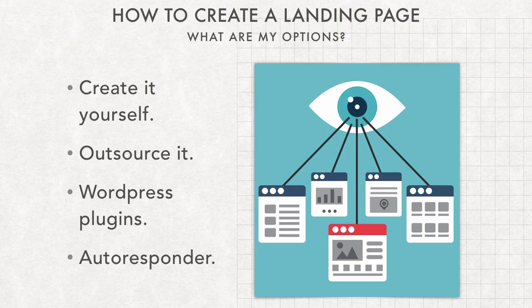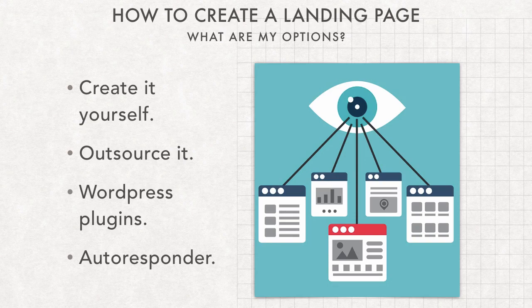Okay, the next option is WordPress plugins. These are plugins that you can buy, install onto your WordPress blog and create individual standalone landing pages. There are many out there, such as Thrive Landing Pages, which work in a very similar way to the web services options. We've used Thrive, and it's not as slick as ClickFunnels, but what it does, it does very well, and the pages look very good.